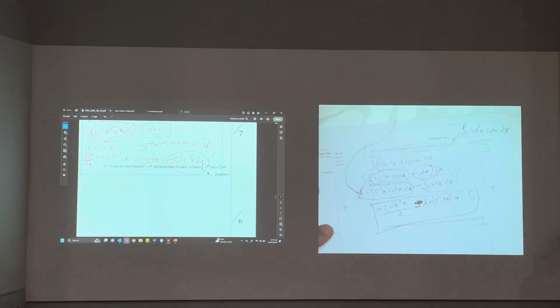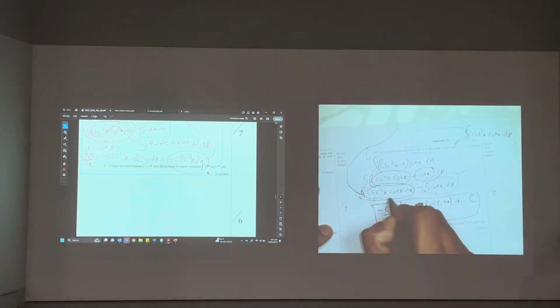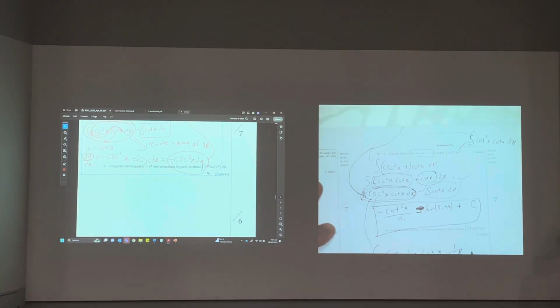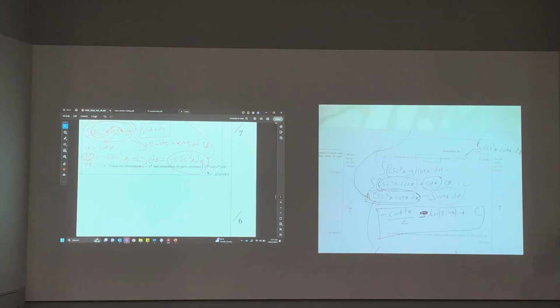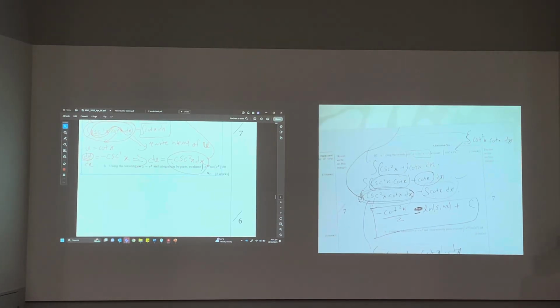At this particular step, you see, these two are basically integrate cosec square x, cot x dx, right? When you come to this stage, you should know that there is some relationship between these two. There should be some technique we use. What are the two techniques we use? Substitution. Either substitution or by parts.